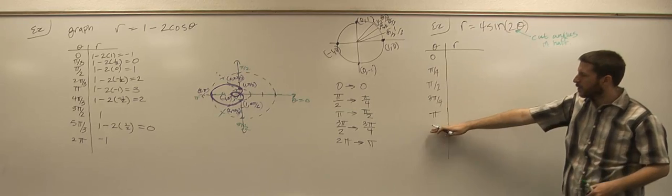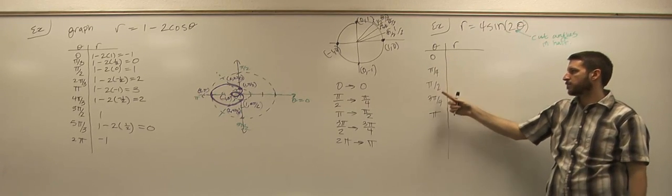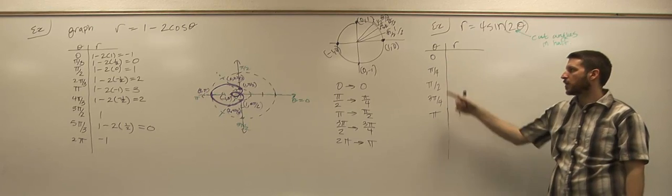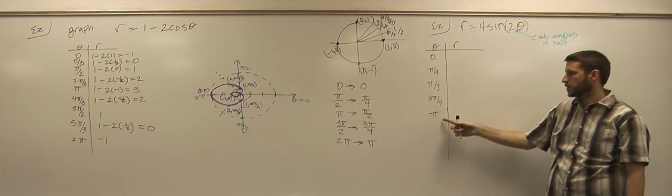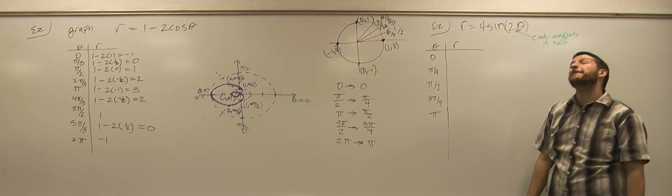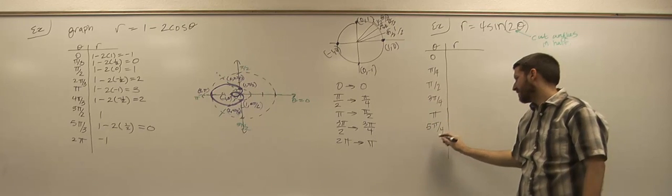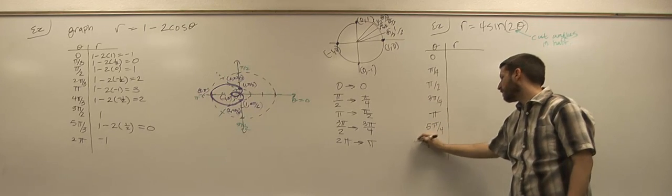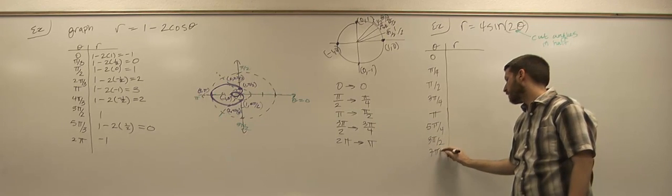If I wanted to keep going, what do you think I would use? You see the pattern? What are you going up by every time? Pi over 4. So what do you think should come next? Oh, I heard somebody. Yeah. 6 pi over 4, which is 3 pi over 2. 7 pi over 4.